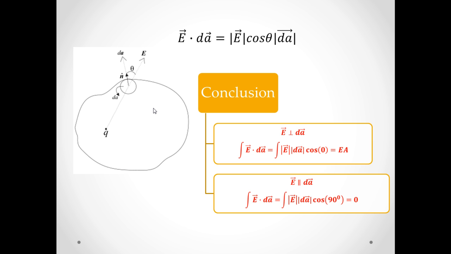First one is, if both electric field E and surface area vector at all points are parallel to each other and electric field has the same magnitude at all points of the surface, then this vector E has the same direction as that of the area vector. So since E is along the normal to the surface, E dot dA is equal to EA. And the second one is, if E is parallel to the surface, then E dot dA would be equal to 0.